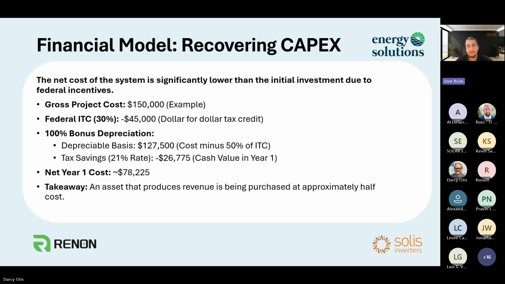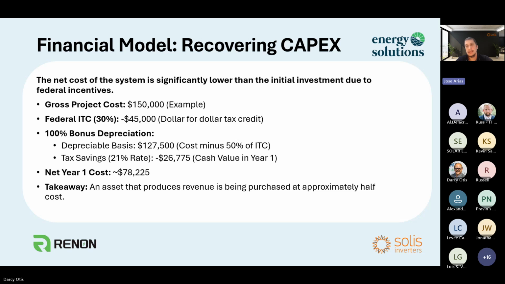This is one example regarding recovering the capital expenditure at the beginning. In this specific project, we are talking about an investment of $150,000, and you have some incentives like the 30% federal investment tax credit, and also you have depreciation that you can get for this in the first year.